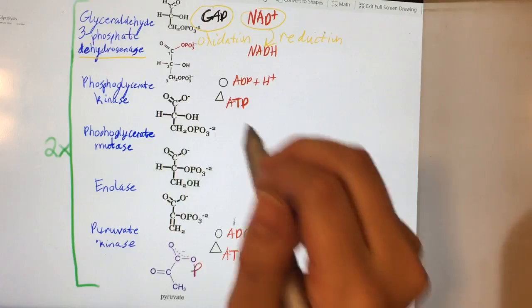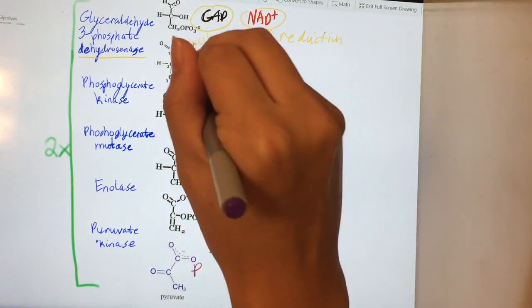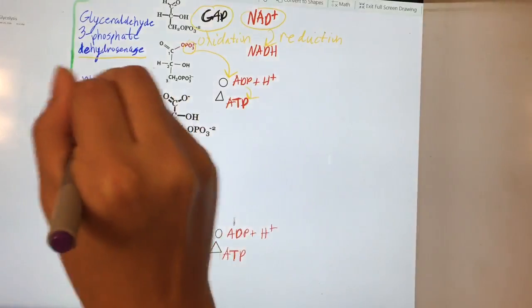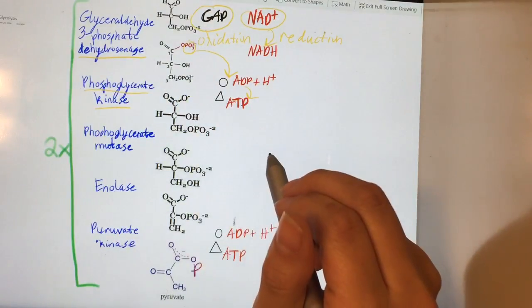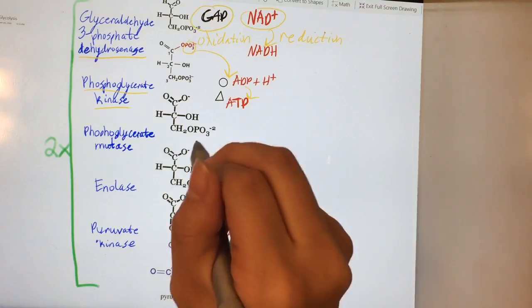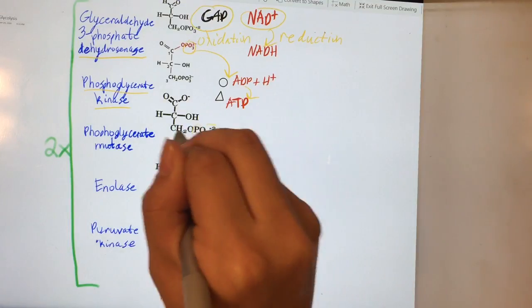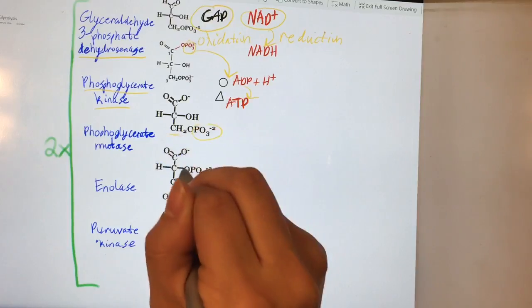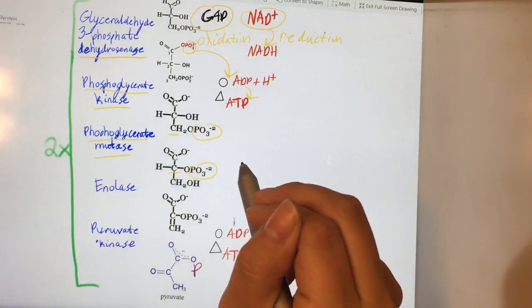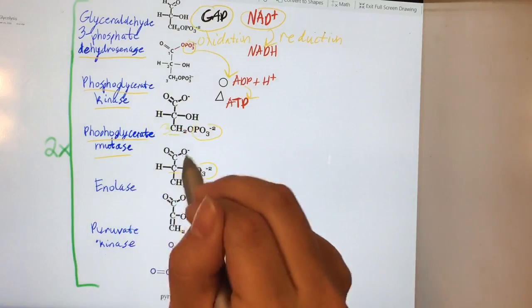Phosphoglycerate kinase catalyzes the transfer of the phosphoryl group from the acyl phosphate of 1,3-bisphosphoglycerate to ADP. ATP and 3-phosphoglycerate are the products. 3-phosphoglycerate is converted into 2-phosphoglycerate by phosphoglycerate mutase, which shifts the position of the phosphoryl group from the third carbon to the second carbon.